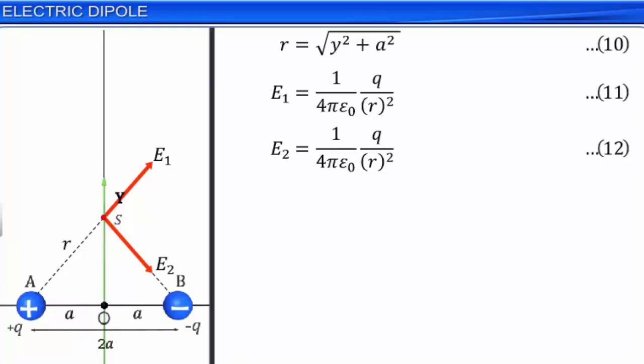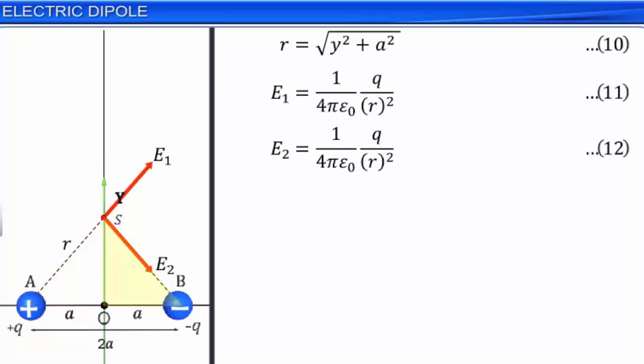We observe that the magnitude of E1 is equal to that of E2. The point S lies on the perpendicular bisector of the line joining the charges +q and -q. Hence, by geometry of the triangle SAB, the angle SAO is equal to the angle SBO.